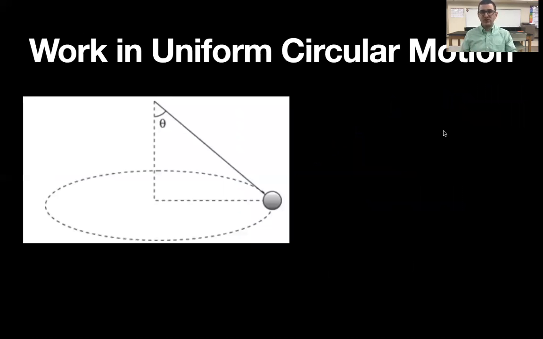Another way to think about using this equation is what about work in uniform circular motion? So if the object is spinning in a horizontal circle, maintaining a constant velocity, its gravitational potential energy is not changing, and its kinetic energy is not changing because kinetic energy uses only the speed, it doesn't really care about the direction. So how does this also work with our formula?